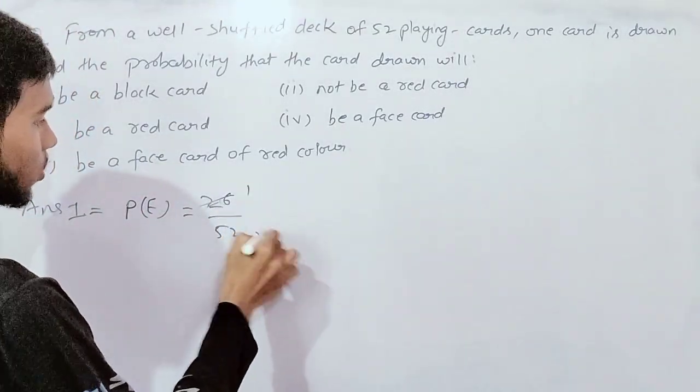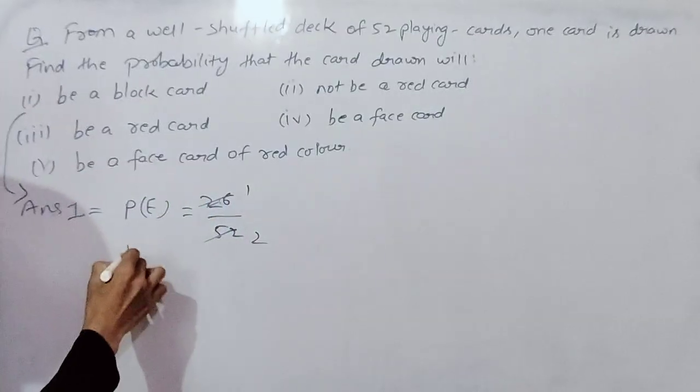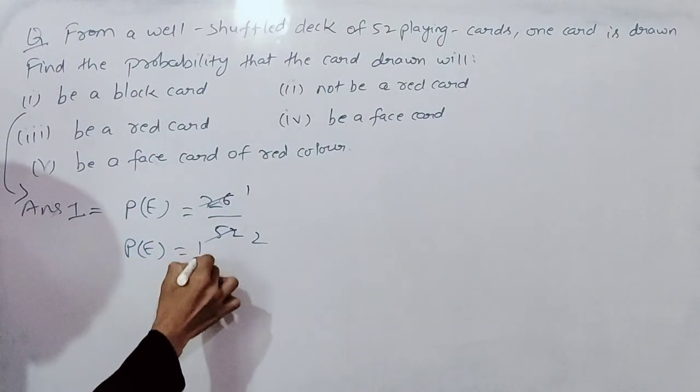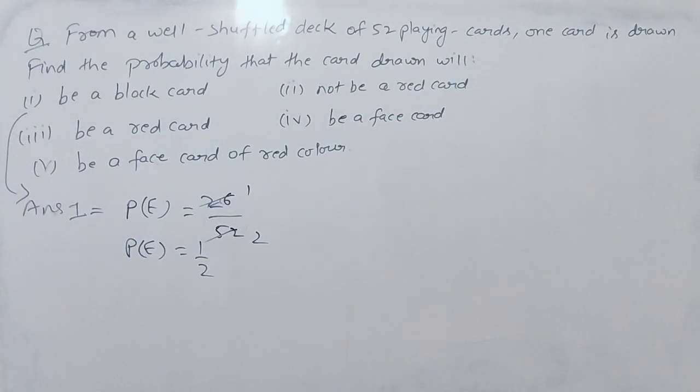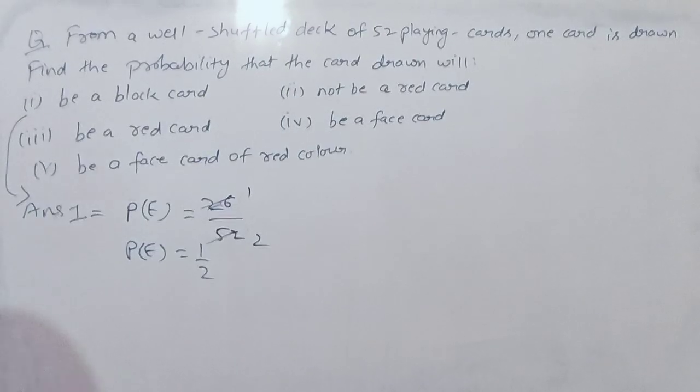So 1 upon 2. So the probability would be how much? 1 upon 2. Clear? Now next.